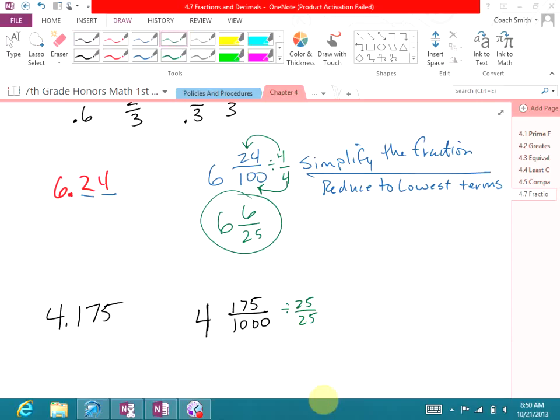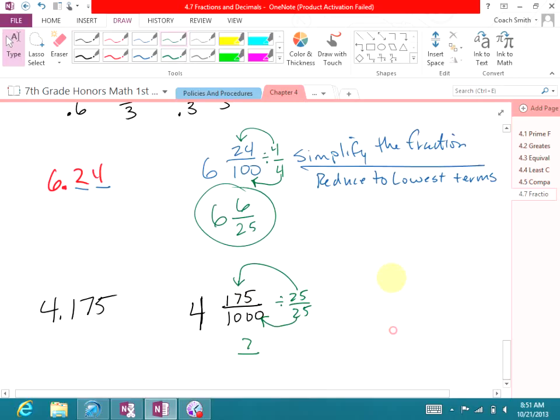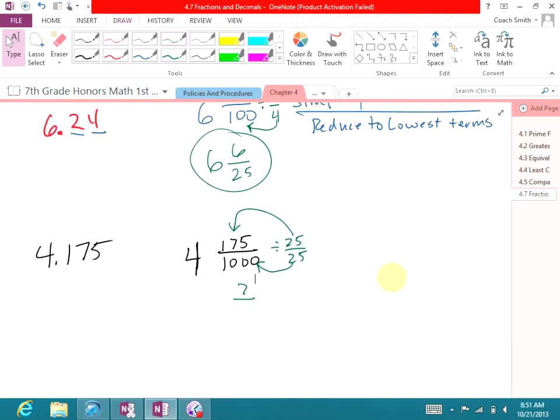Okay, 25 goes into 175 7 times. 25 into 1,000 goes 40 times. So I have 4 and 7/40. Okay? So, not really that hard as long as you know your place values.